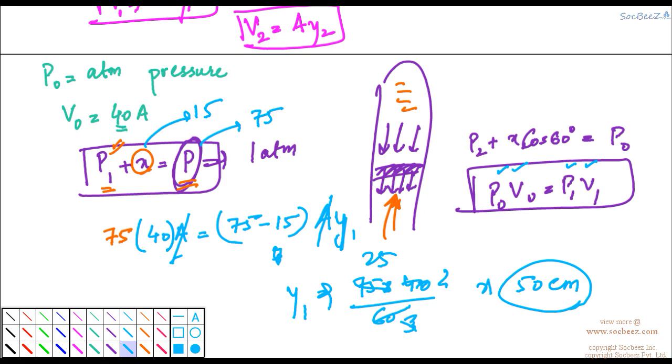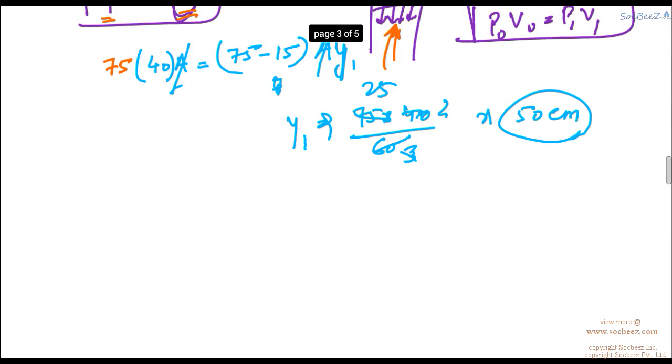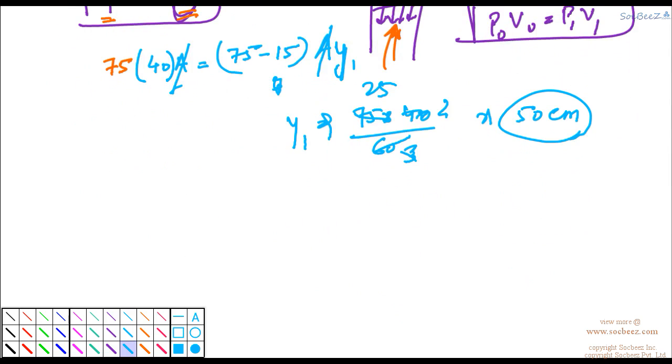We had just used the idea that the total pressure is balanced by the external pressure, and the internal pressure would be exerted by the gas as well as the mercury. When the test tube is tilted, the vertical component of the pressure would be balanced by the external pressure.